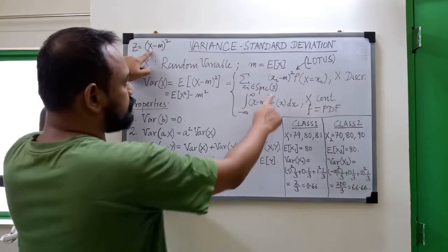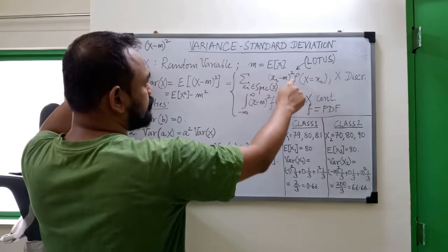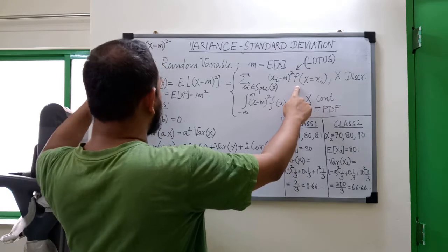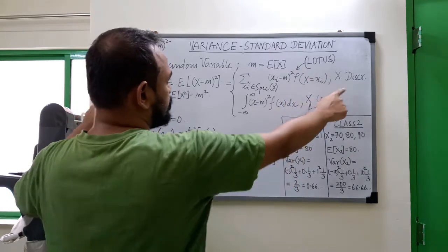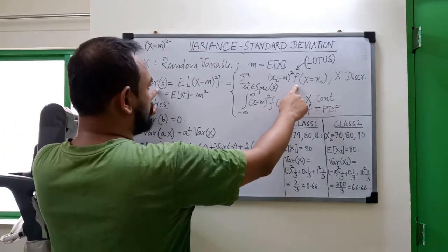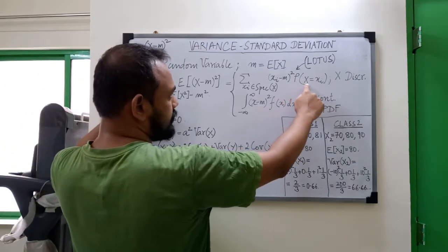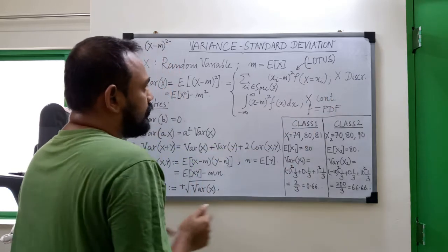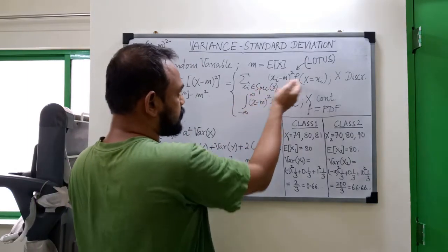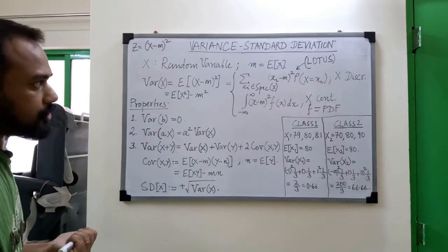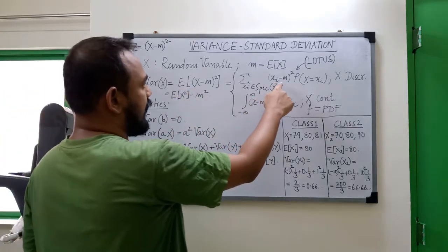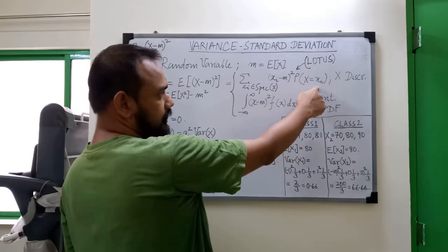If X takes the individual values xi, then Z will take the individual values xi minus m squared, multiplied by the PMF of X, which is the probability that X takes the value xi, with the summation taken over the entire spectrum of X. Just as with expectation, if you remember, the expectation of X was xi times the probability that X equals xi.